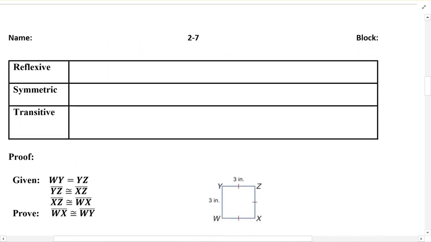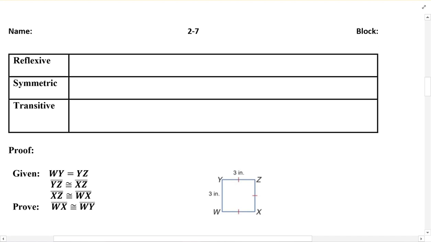In the previous proofs, if we needed to add something, we always changed congruence to equals and equals to congruence. Here, we're going to say that the properties, the reflexive, the symmetric, and the transitive, both apply to both equals and congruence. So it may not be necessary to always change a congruence to an equal sign. So reflexive would tell us that segment AB is congruent to itself.